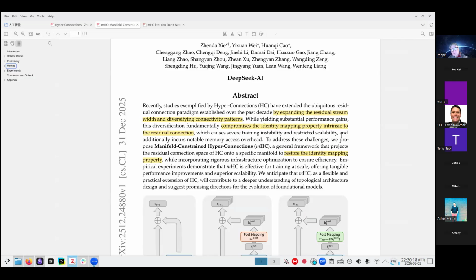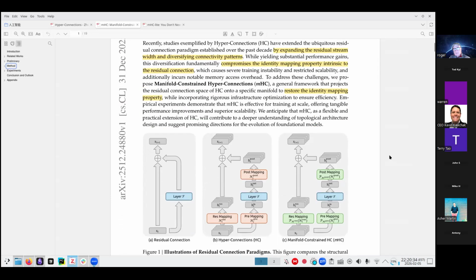So you don't have the direct connection from deep layers to shallow layers. So your gradient can be large or can shrink to very small values.